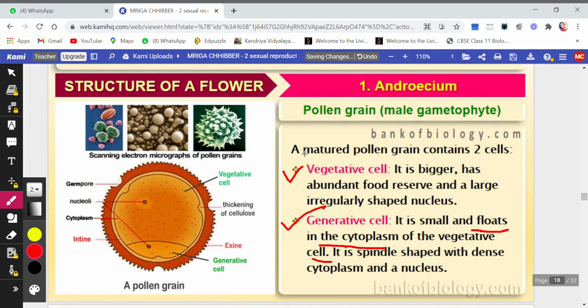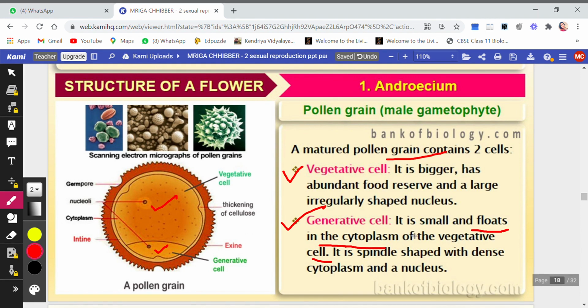Now children, a matured pollen grain has two cells. You can see it has two cells. The one which is bigger is the vegetative cell and has abundant food reserve, and it has an irregularly shaped nucleus also. And the one which is smaller is the generative cell, and you see this small cell is actually floating in the cytoplasm of the vegetative cell.